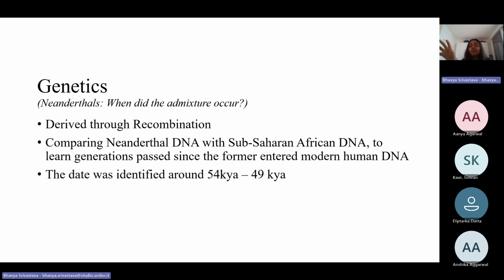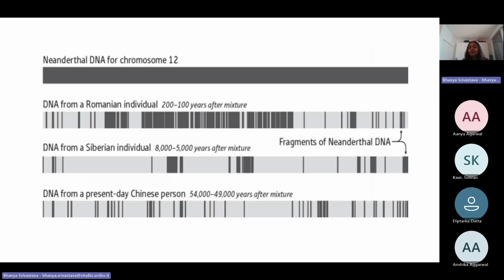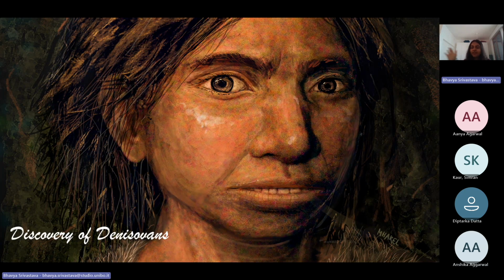It may have been a more conflict-like situation as well, which is Harari's argument of colonization and killing of Neanderthals and everything. But I'm not going into the why part. I'm just going into the what and how of how DNA was able to tell us that admixture did occur, and when admixture occurred. So this was about the Neanderthals.